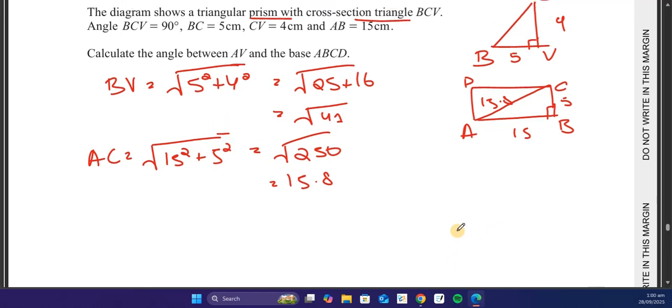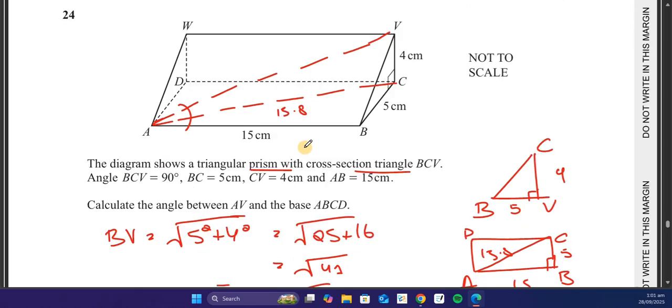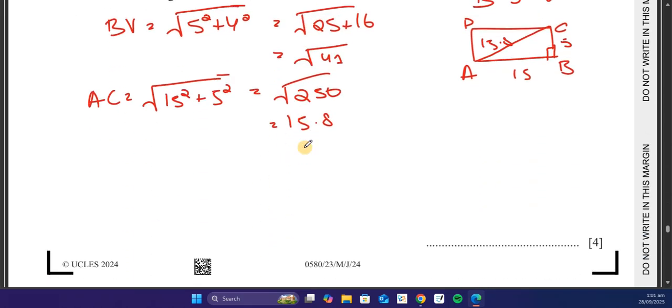Alright, so now this angle, we need this angle. So we know that this is 15.8. Now you could simply figure out the angle. Again, let's visualize. This is our triangle, this is B, this is C, this is A, this is 15.8, this is 4, and this is theta.